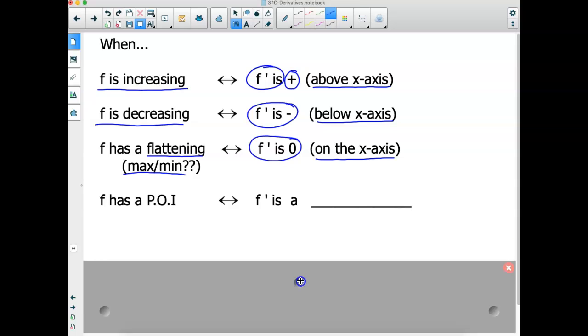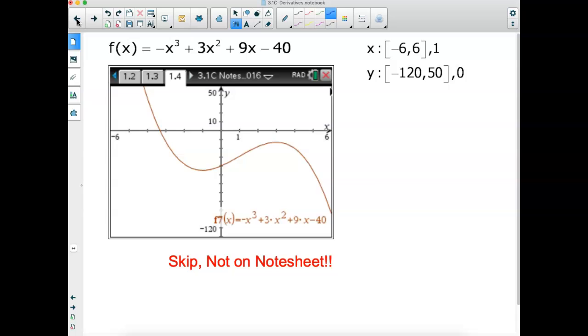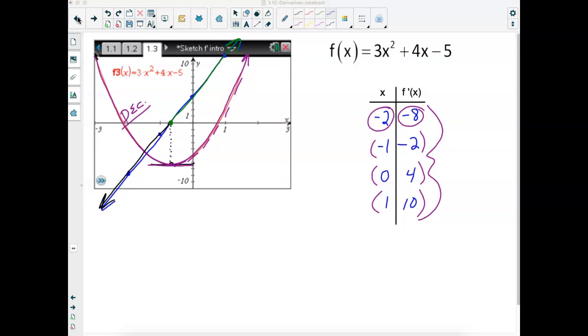And if you've put this together yet, if f has a point of inflection, okay, that implies on the graph of f prime, what is it? Okay, well, not there. This didn't have a point of inflection. This graph is concave up all the time.